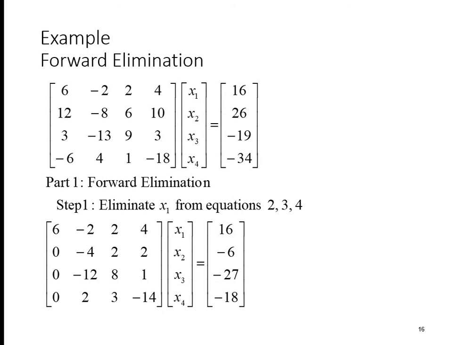You see this one is a 3, so what I need to do is multiply by minus half, or you can divide by minus 2. If I divide by minus 2 here, this will give me minus 3 plus 3, which gives me a 0.